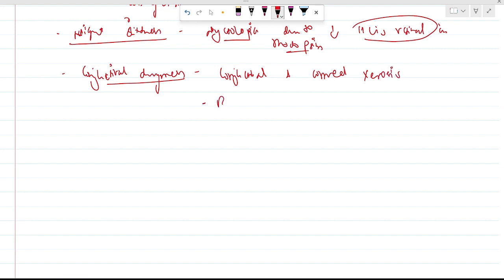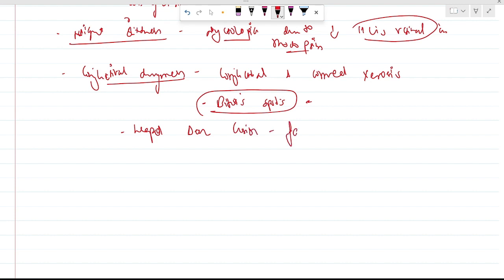This leads to formation of Bitot's spots. You know, this is a very important clinical finding. Bitot's spot is a heaped triangular lesion. It's a very foamy appearance.